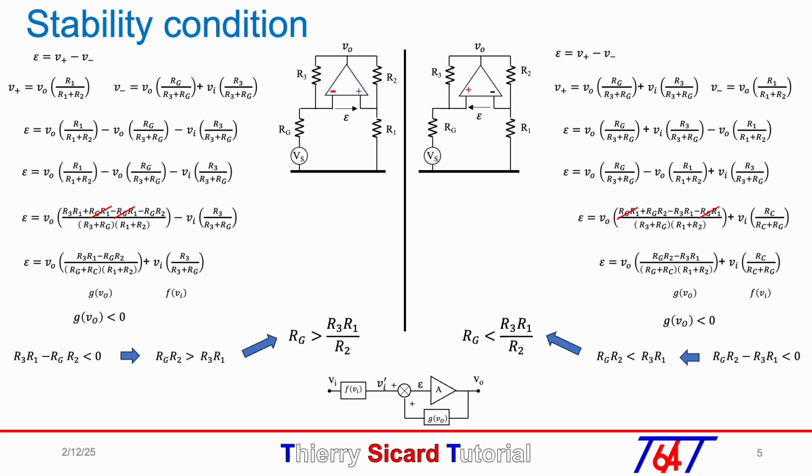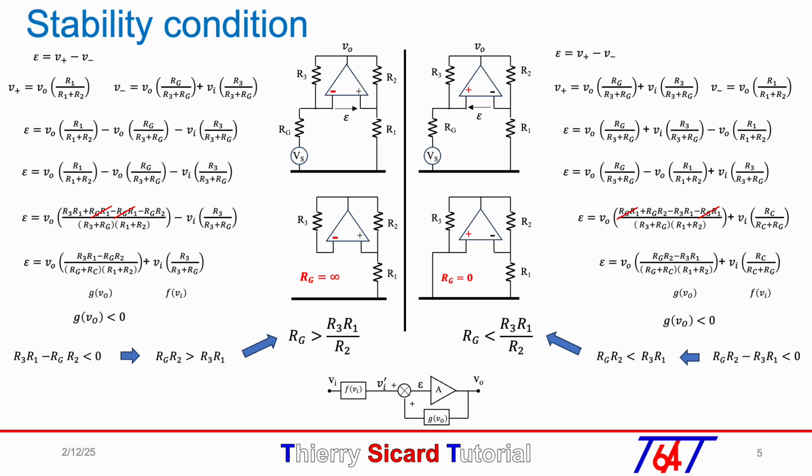This gives the stability condition Rg smaller than R3 times R1 divided by R2. From the left schematic, since Rg must be larger, it can be a very high impedance like an open or infinite circuit. From the right schematic, since Rg must be lower, it can be a very low impedance like a short circuit.